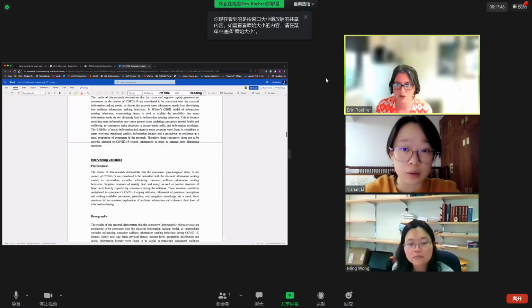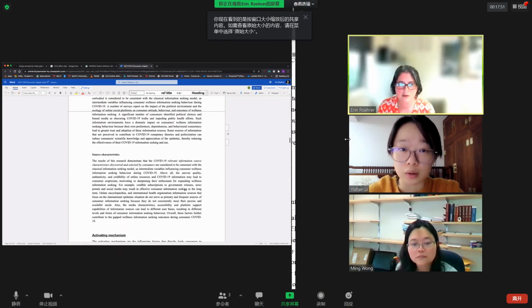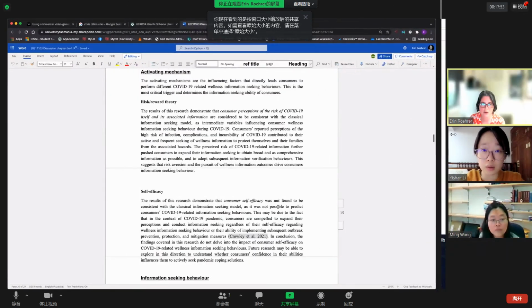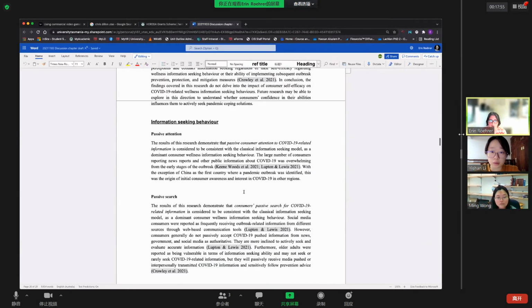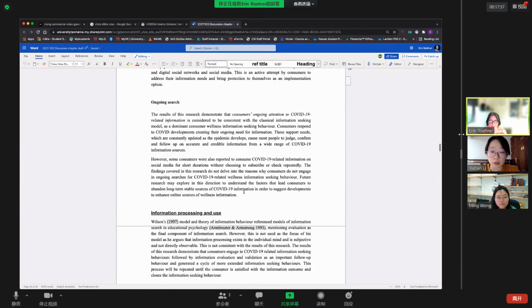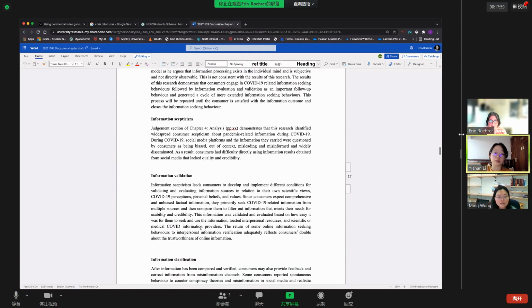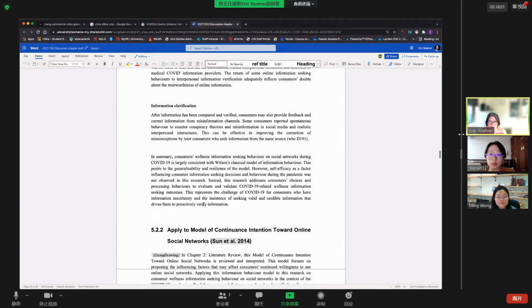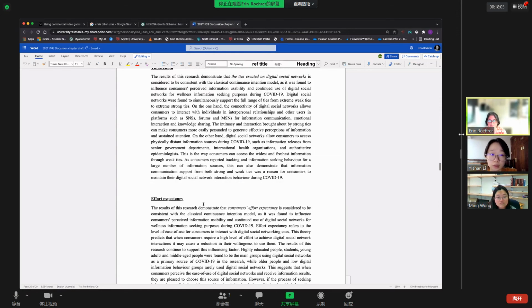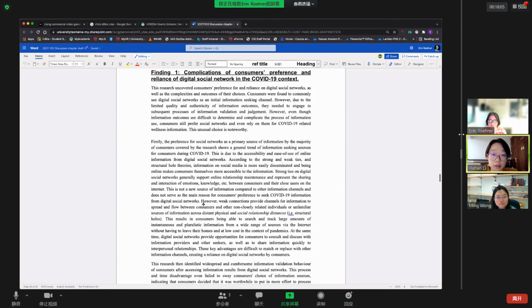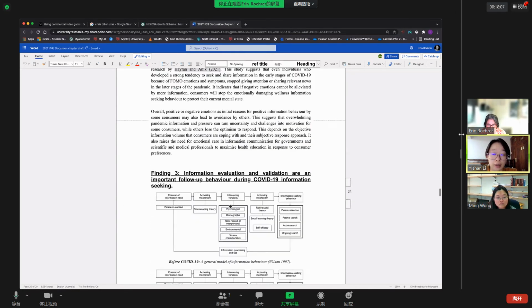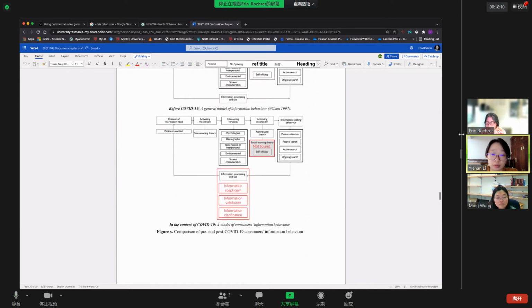And then this one. You've got these sections, and then down the very bottom you've got this here. I have a comparison.